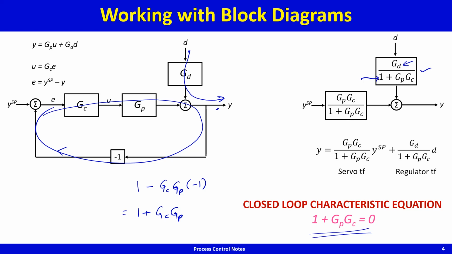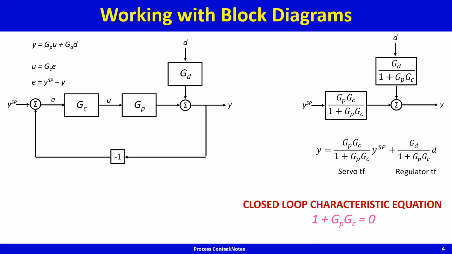path. Let's apply this rule over here for the servo transfer function. Let's see what happens there. So servo is the relationship between y and y set point. If I go along the forward path, that's actually GCGP. So the numerator is going to be GCGP.